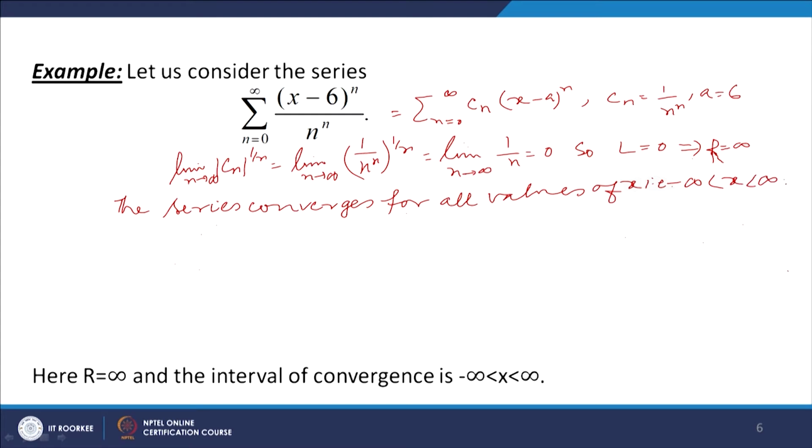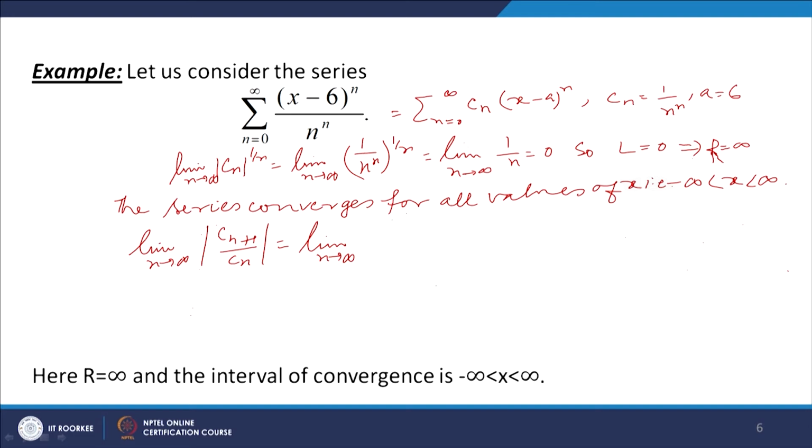Now, to determine the value of L, you can also use the ratio test instead of the root test. If you want to apply the ratio test, then you will have to find limit n tends to infinity mod of C_(n+1) over C_n. Okay. So, this is limit n tends to infinity.